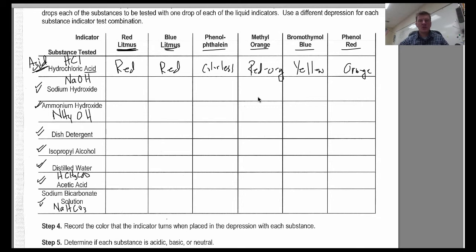And we'll talk about what those colors mean as far as how acidic or how basic something is. For the sodium hydroxide, it was blue, the red, and of course this stayed blue then. This was pink. We have orange, blue. We're just writing these in because we want to refer to these in a little bit and try to figure out what these indicators tell us, okay? And then red.